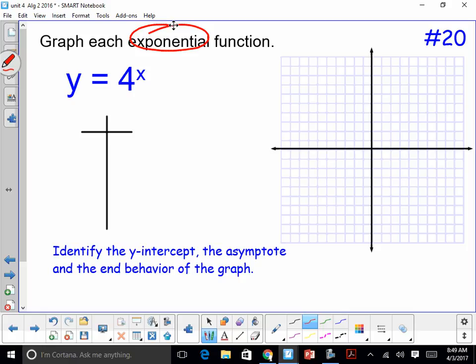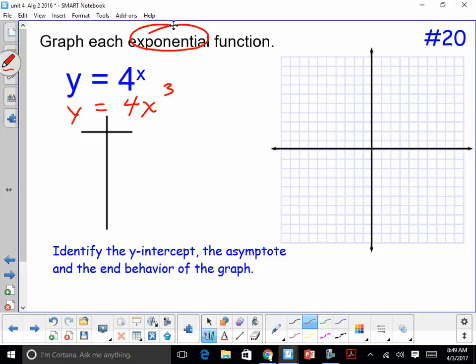Here is a function that is not an exponential function, but it has an exponent. Let's say y equals 4x raised to the third power. Hey, there's an exponent, there's a 3, it's all floating up there. But because x isn't up there, it's not an exponential function.